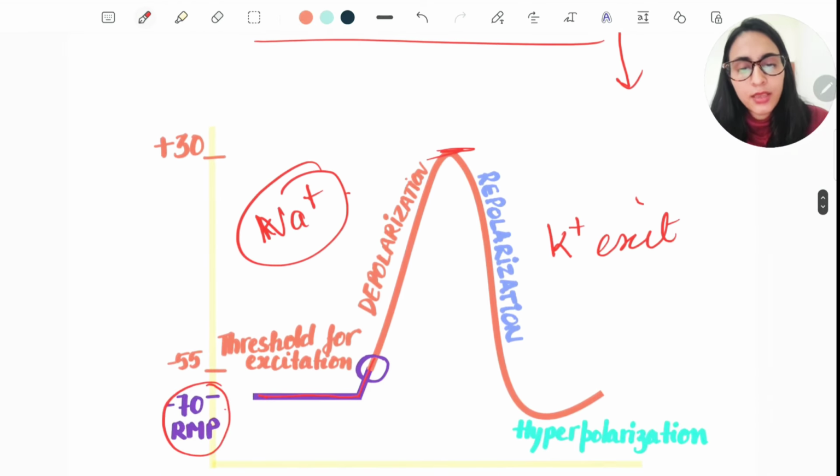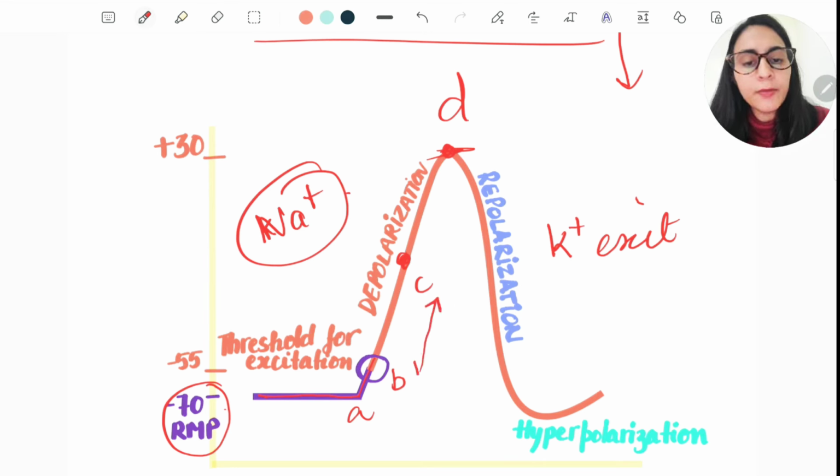Suppose this is a point A, here is threshold point B, then we have a point C here, and at the top is the point D. Somewhere between point B and point C, the sodium entry stops. It is like if you have gone to watch a movie and there are only limited tickets.